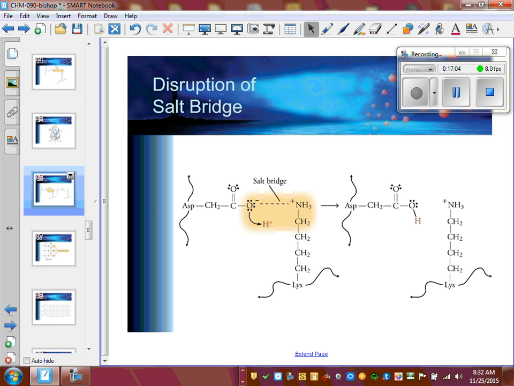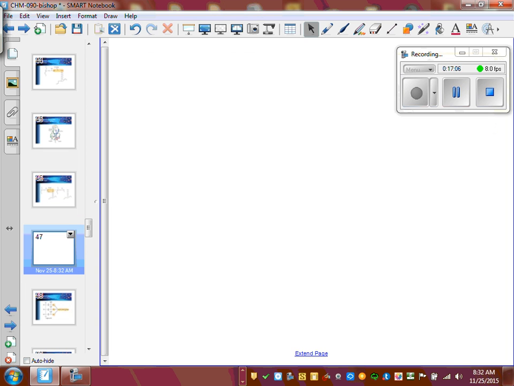And I'm going to put in a blank page. So we talked about it having a 3D shape, a globular shape, a lot of times. So there's our protein. It has a globular shape.